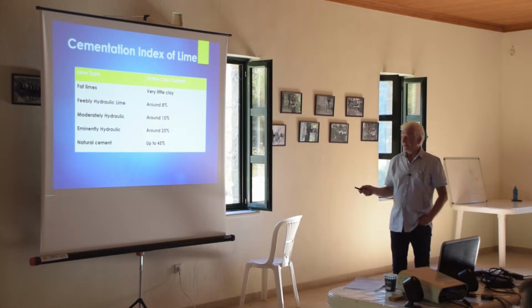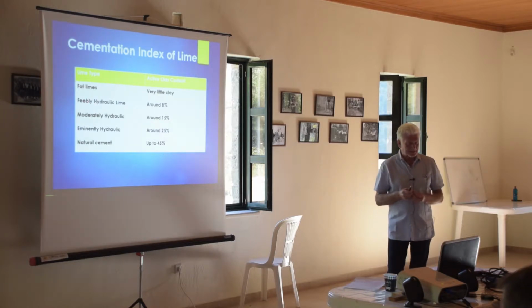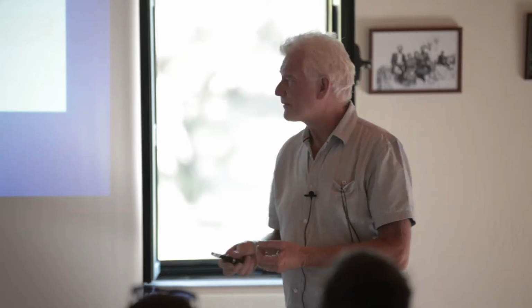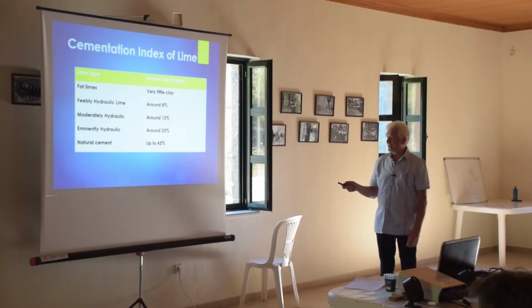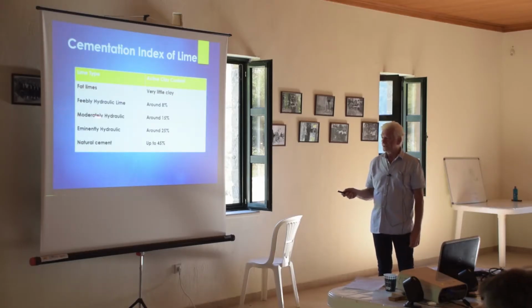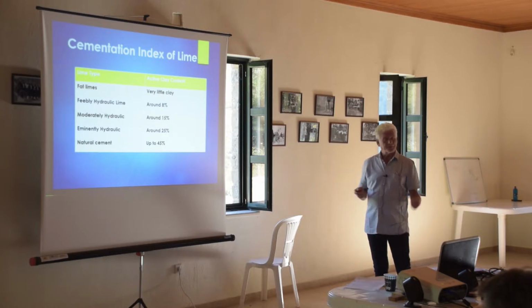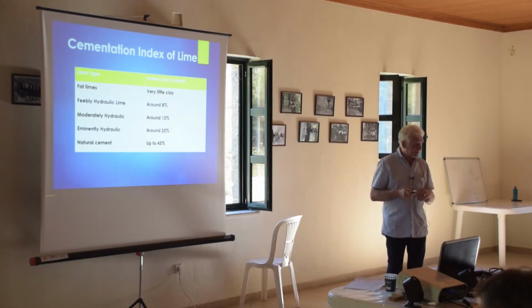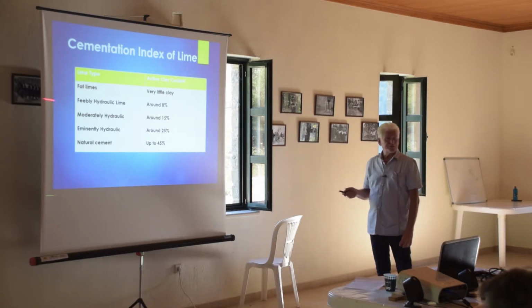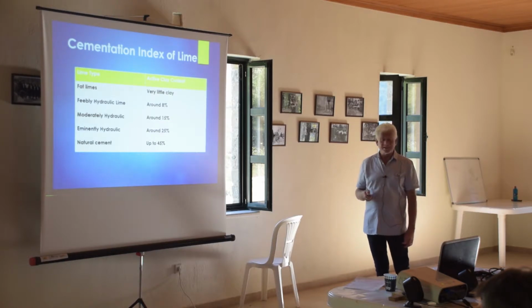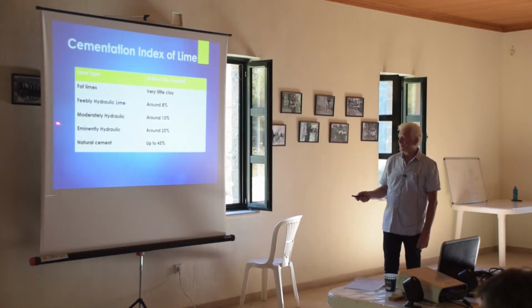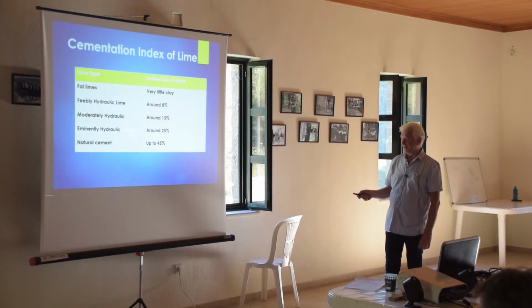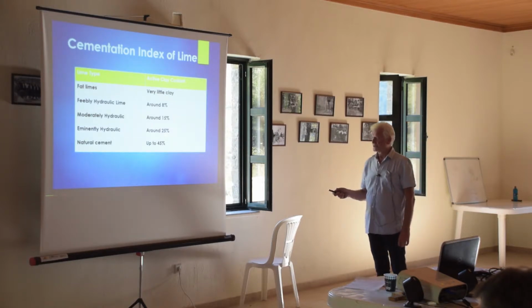Feebly hydraulic lime, which is the NHL 2, has around 8% of clay. Moderately hydraulic lime, which is NHL 3.5, has around 15% of clay. And eminently hydraulic lime has around 25%. That is NHL 5.